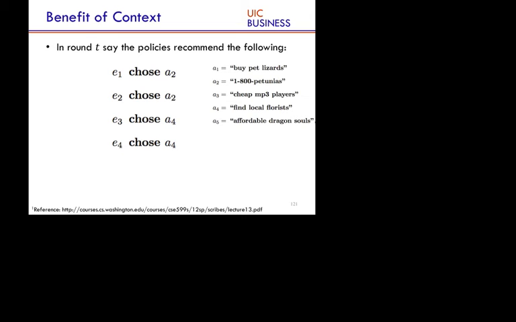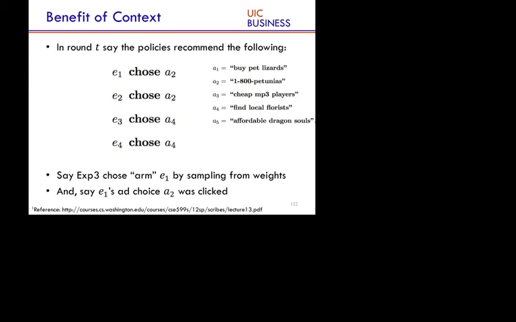You care about picking one of the policies, right? Say exp3 chooses arm E1, by sampling from the weights. You had those weights, you normalize the weights and you sample from that. And E1's ad choice, A2, was clicked. In the sense, E1 was the policy that you chose. E1 suggested show ad 2 or item 2, and item 2 was shown and it was clicked. In the sense, you got a positive feedback.